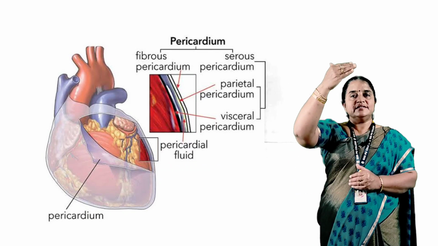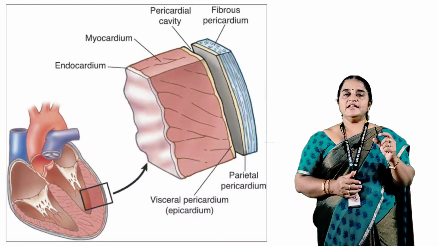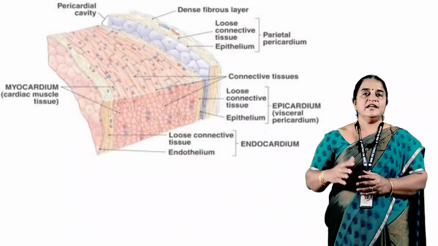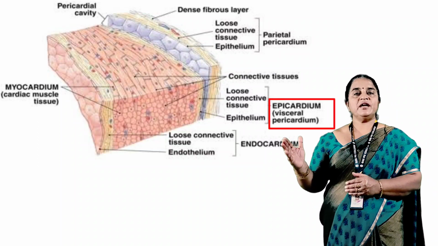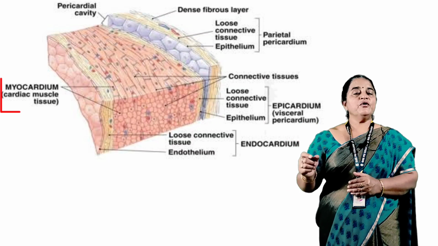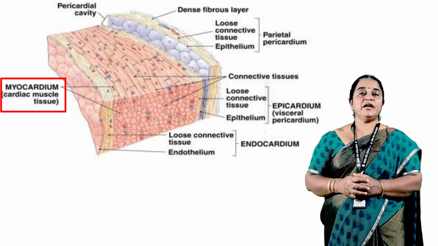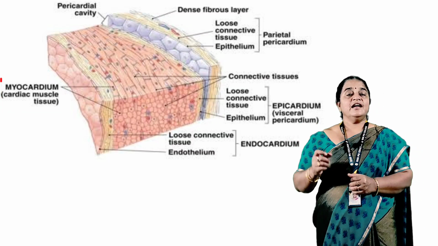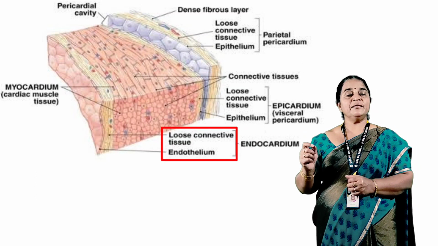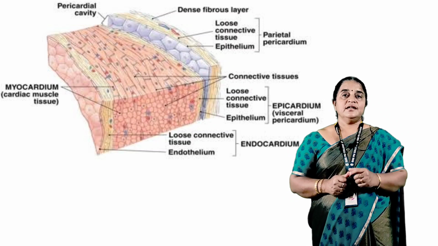When you take a vertical section passing through the heart, we can see the heart wall, which is composed of three layers. The epicardium is outer, made up of epithelium and connective tissue. The myocardium is slightly thick, made up of cardiac muscles, and the inner endocardium is again thin, made up of epithelium and connective tissue.